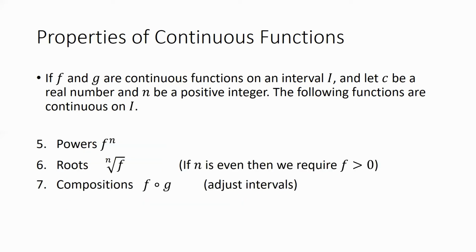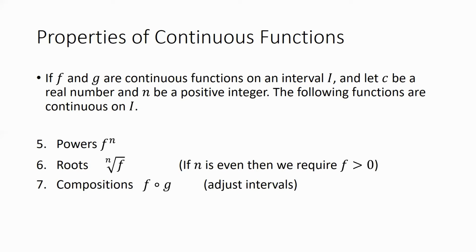Other properties of continuous functions, well, if we have the same assumptions, it turns out if I take a continuous function to the nth power or the nth root, then that resulting function is continuous. We do have to worry about one thing.